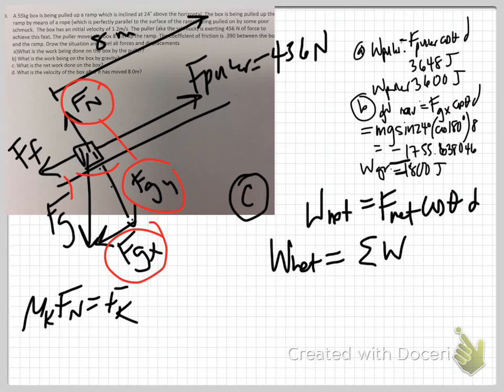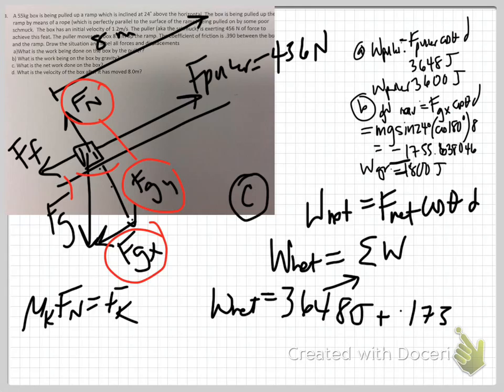So we get our value for mu k, and if you do it using the sum of work, then net work is equal to 3648 joules up the ramp plus negative 1755, etc., which is down the ramp.